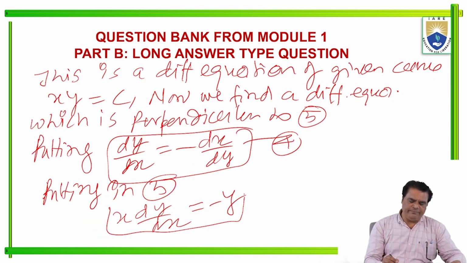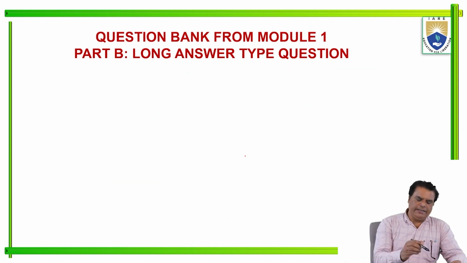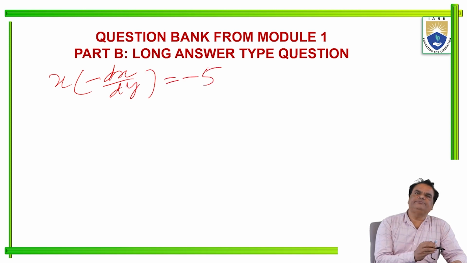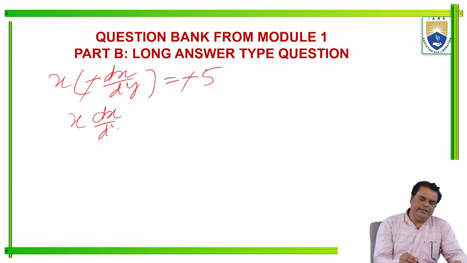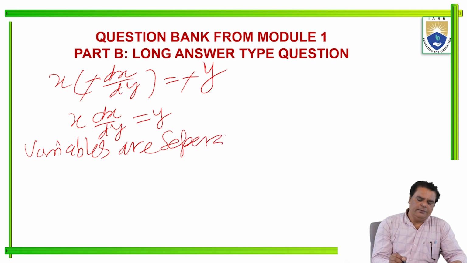Putting in 5 this result, then we get x into minus dx upon dy equal to minus y. So here minus minus is cancelled. x dx upon dy equal to y. So here is y. Now variables are separable. This is the method.